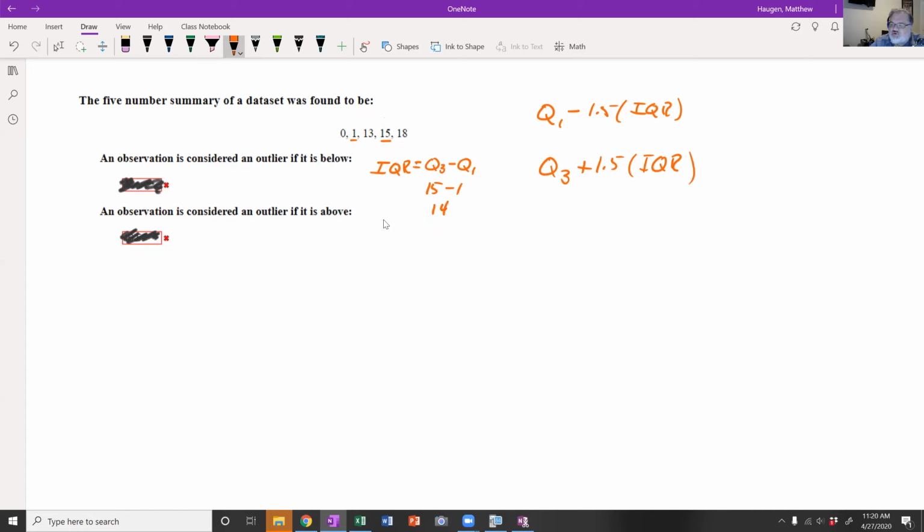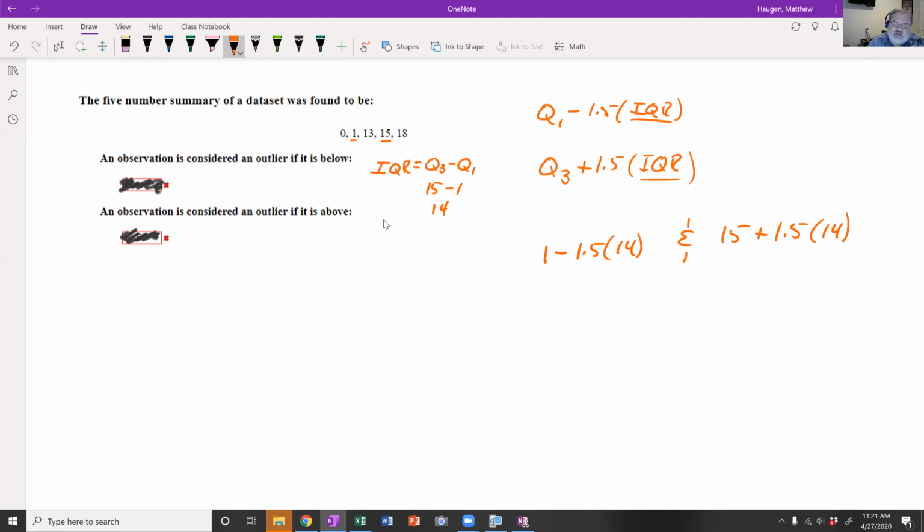So that's our interquartile range. Q1 is the 1 and Q3 is the 15. So 1 minus 1.5 times 14, and 15 plus 1.5 times 14. So you just eliminated the 0 altogether in the number?